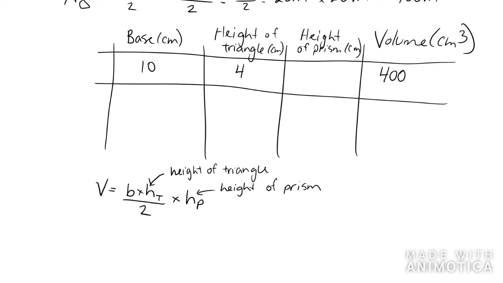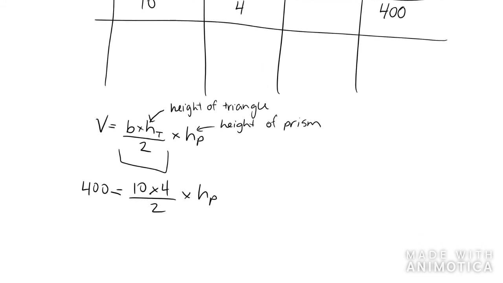So we have the measurements to do all of this. So if we put that part in, we have 400 is equal to the base 10 times 4 divided by 2 times HP. That's our one thing we don't know.